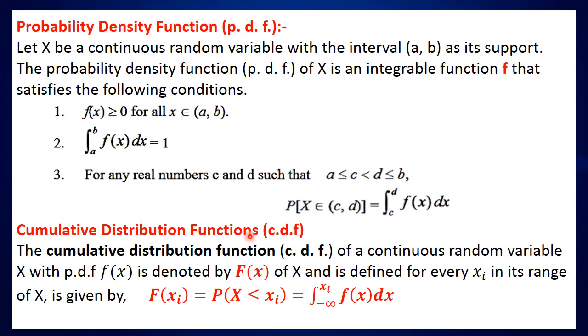Now cumulative distribution functions, CDF. The cumulative distribution function CDF of a continuous random variable x with PDF f of x is denoted by capital F of x and is defined for every xi in its range of x given by F of xi is equal to p of x less than or equal to xi, which is the integral from minus infinity to xi of f of x dx.